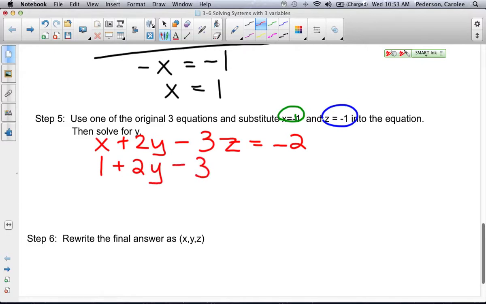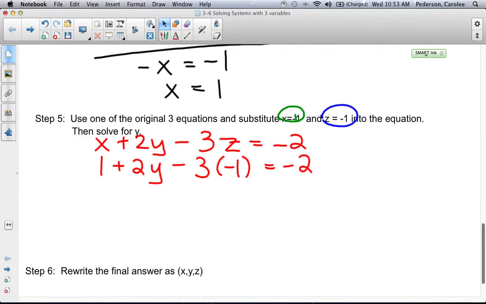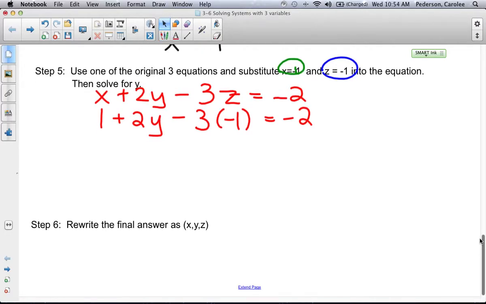Now replace the z with negative 1. And now we solve the rest of this red equation for y. And then we will have all 3 variables solved for this system. So negative 3 times negative 1 is positive 3.